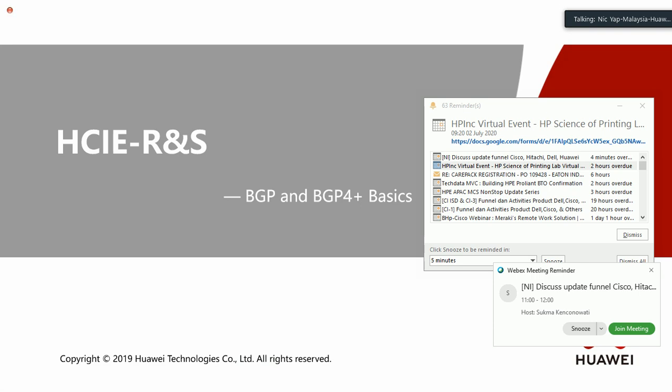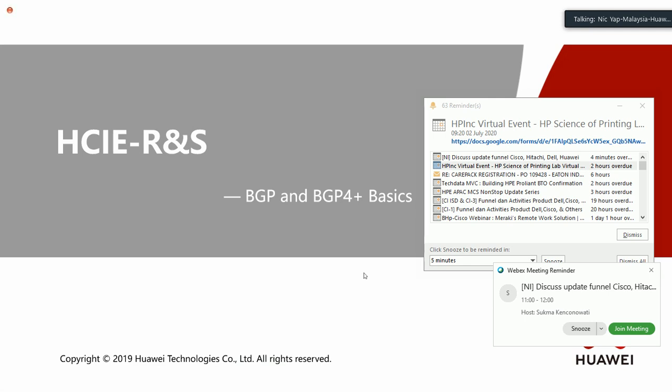And next, we go into BGP 4 plus. So BGP 4 plus is just like an extended BGP. BGP is very similar to ISIS. They can be easily adapted, very easily scaled to support IPv6 or multicast VPN and so on. So they can easily extend their BGP functions.